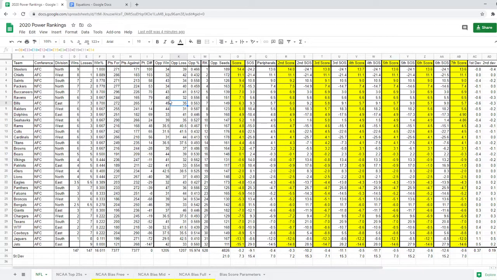If you have two teams, let's say, how about this one? Let's look at the Jets and the Saints. The Jets have an opponents' winning percentage of 42 and 33. The Saints have one of 43 and 34. They're about the same. 558 opponents' winning percentage and 560 opponents' winning percentage.